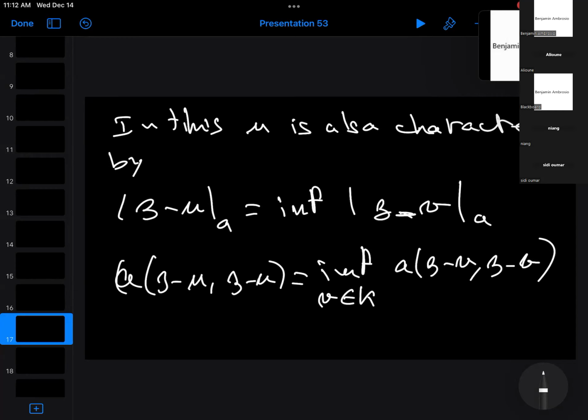All right, so we need to minimize this thing. So A Z minus V, Z minus V equals what?